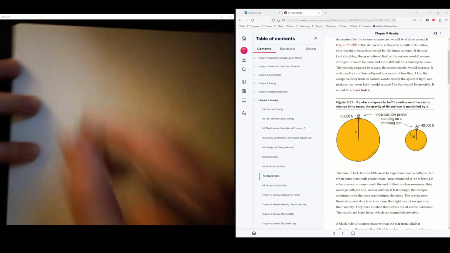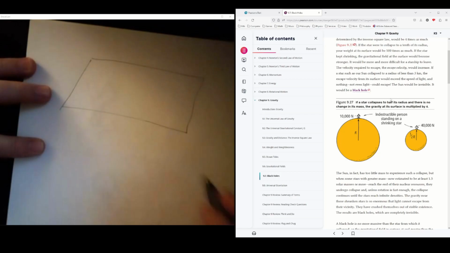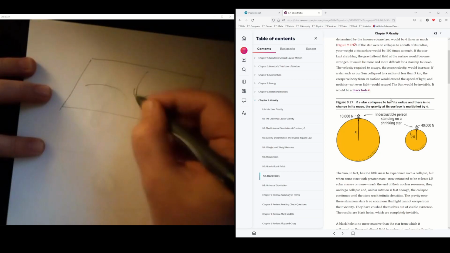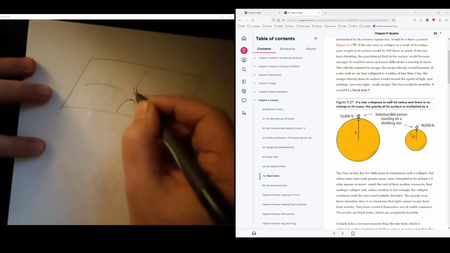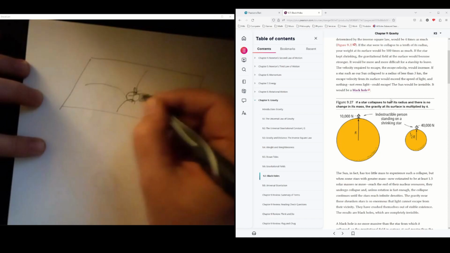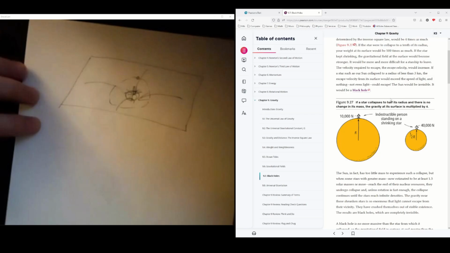So I was going with black holes. Mass creates, I'm trying to draw three-dimensional here, hope it doesn't turn out too bad, but I'm trying to create a depression. Our sun creates a depression, and then Earth orbits around this geodesic, this line that goes around it.